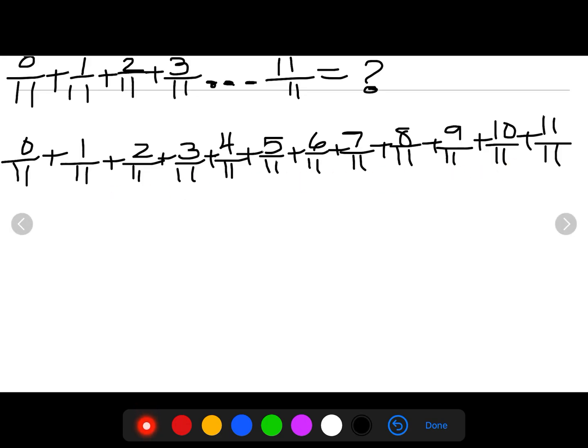And now that I've expanded my units, I'm now able to add. Remember, when we're adding, my denominator stays the same because all of my denominators are 11, and I'm only focusing on my numerators.